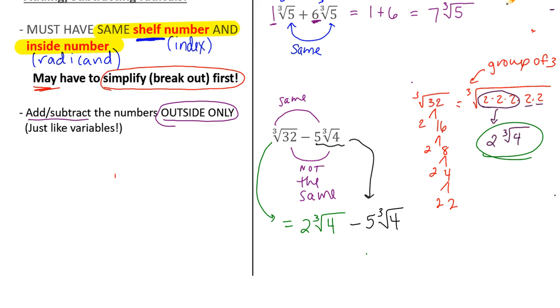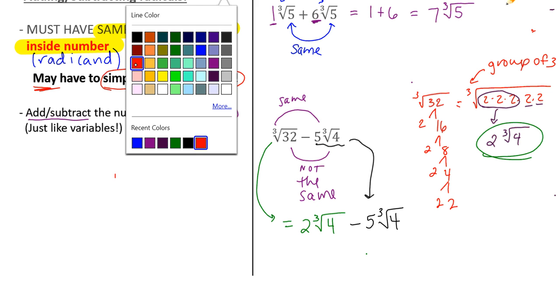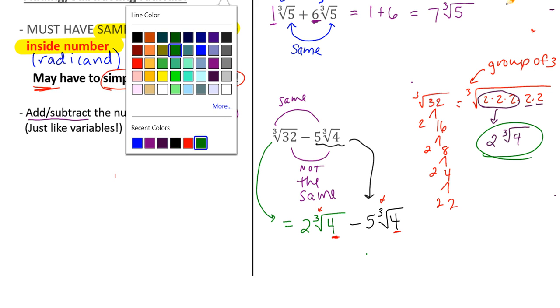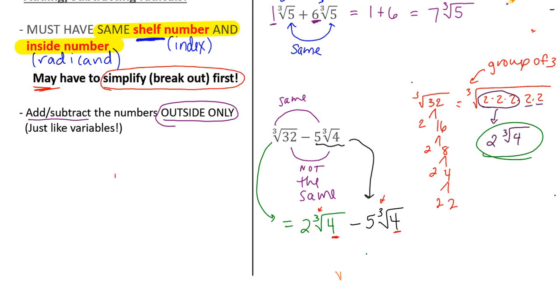Now they match. Now they have the same number on the inside and the same index, so we can add them together. Now, what do we add together, though? We're going to take this cube root of 4, that's the thing that they have in common, and I've got 2 here minus 5 there.